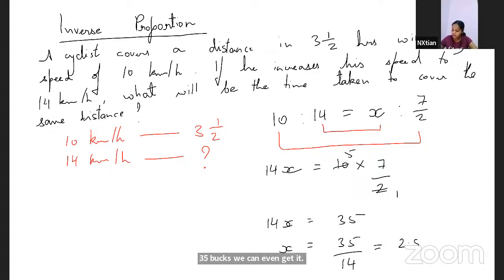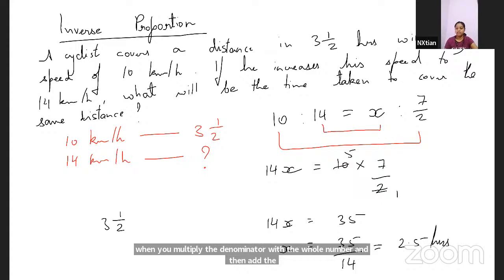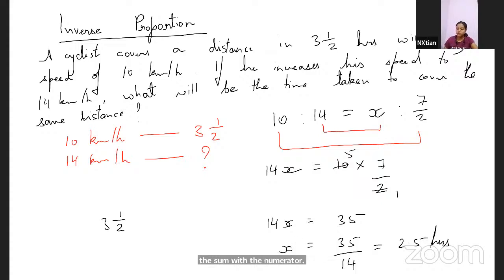How did you get 7 by 2? Okay, look here. When you multiply the denominator with the whole number and then add the numerator, we are having three whole number 1 by 2. So 2 threes are 6, then add the 1.